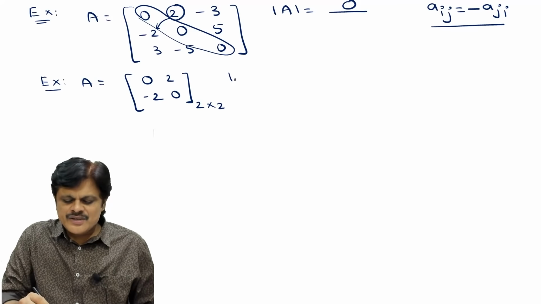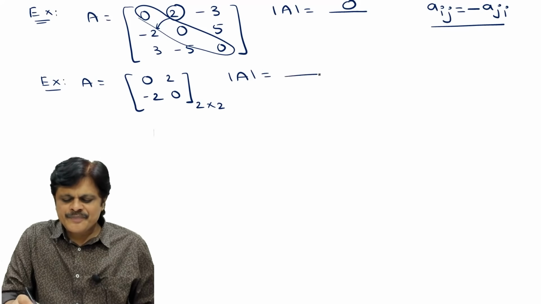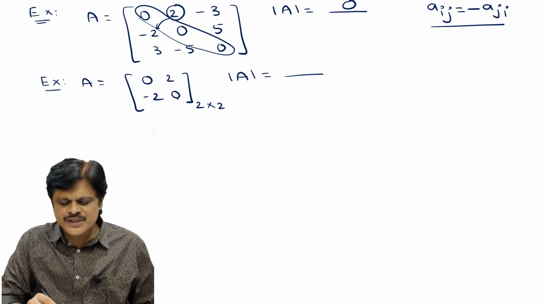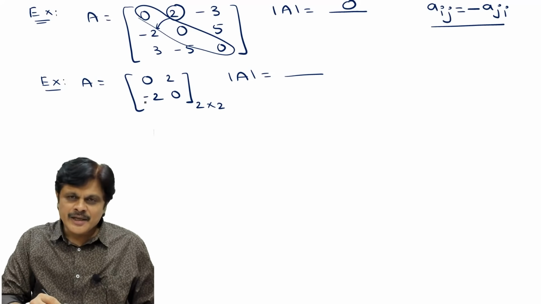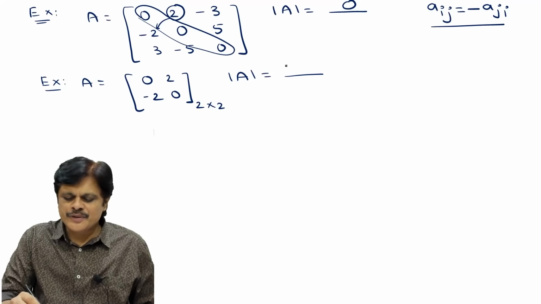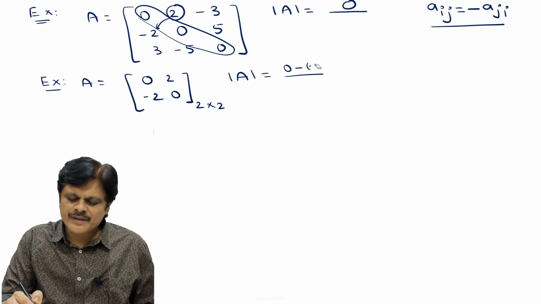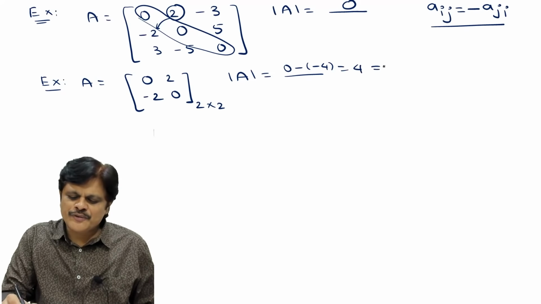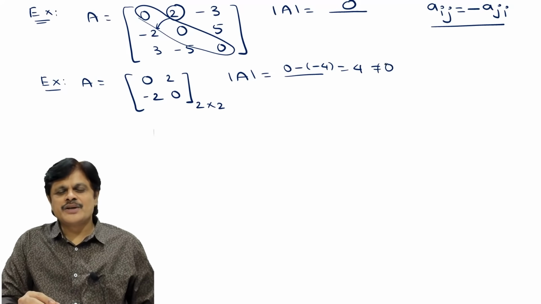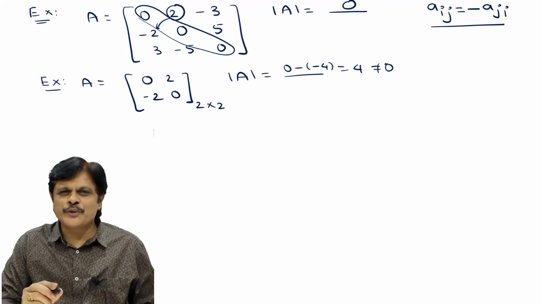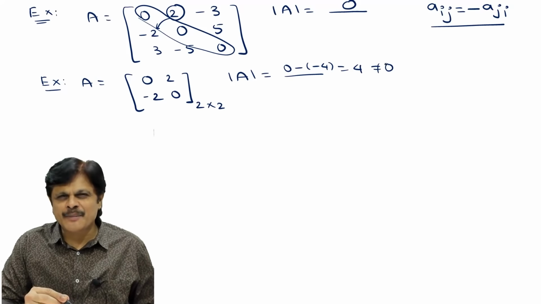Okay, so what is the determinant of this? 2 by 2, you all know how to find it. 0 into 0 minus of minus 2 into 2, that is 0 minus 2 into 2 is minus 4. Minus 4. So the answer is 4, which is not 0. So the biggest mistake which people do is saying the determinant of a skew symmetric matrix is 0.